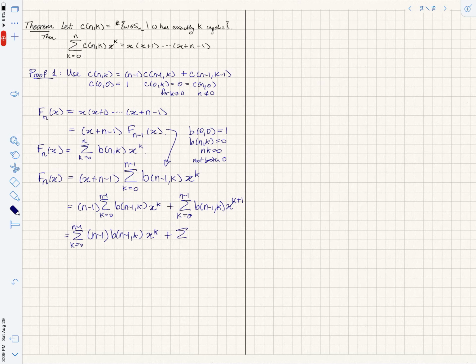and here I need to do a shifting, so this is going to be the sum from k equals 1 to n, of b(n-1,k-1) x to the k. So that's just manipulating my exponents.